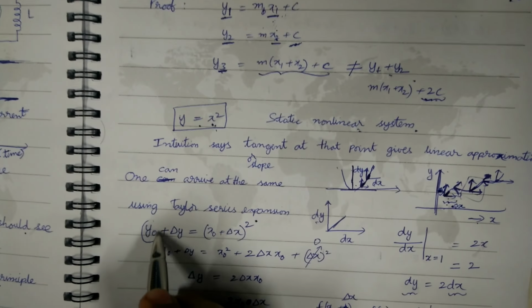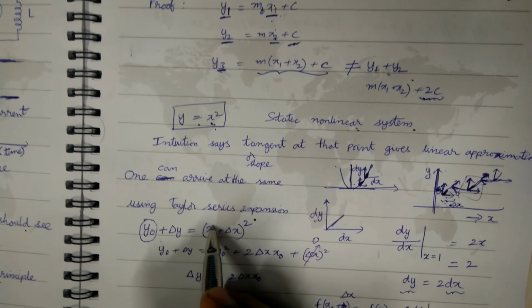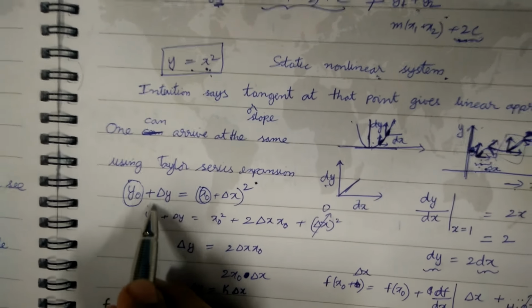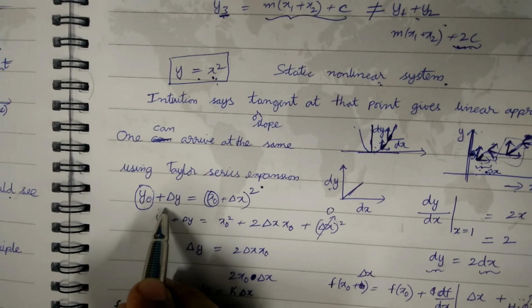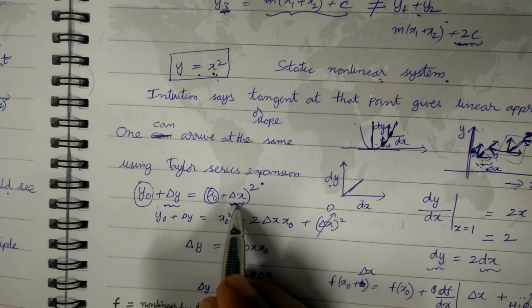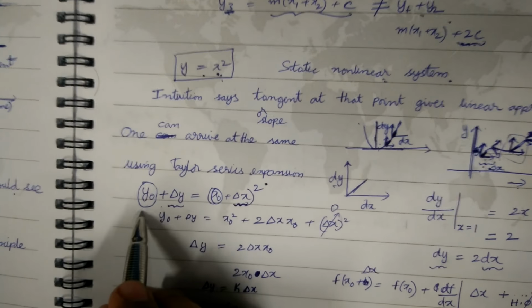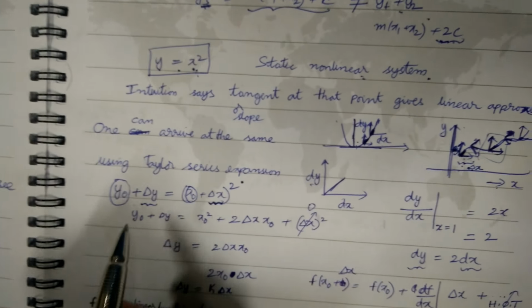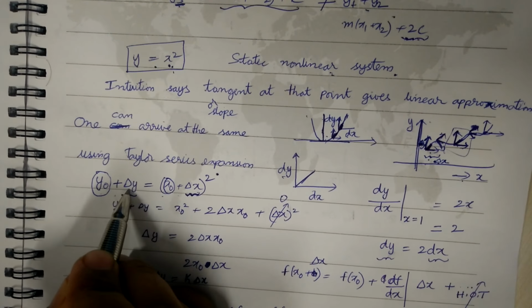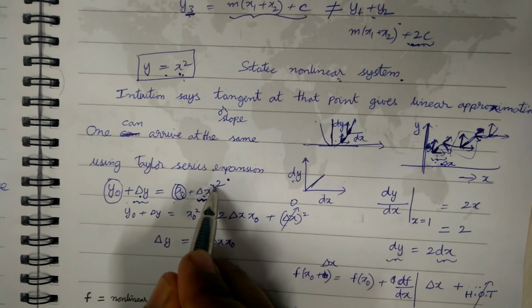Consider this system and select an operating point x0, y0. If we zoom into the system's response around incremental variables, that is, small perturbations around that operating point, we will get y0 + delta y = (x0 + delta x) squared.